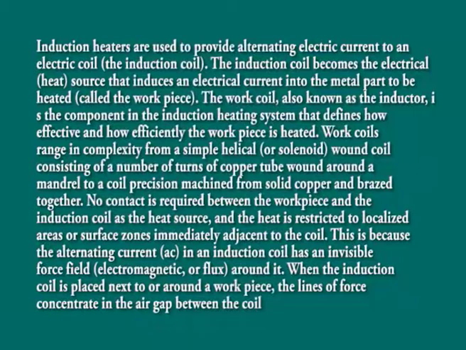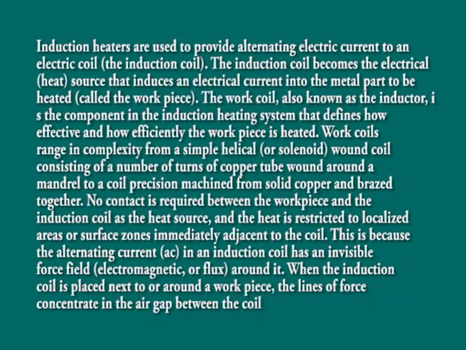The work coils range in complexity from a simple helical wound coil consisting of a number of turns of copper tube wound around a mandrel to a coil precision machined from solid copper and brazed together. No contact is required between the workpiece and the induction coil, as the heat source is restricted to localized areas or surface zones immediately adjacent to the coil.